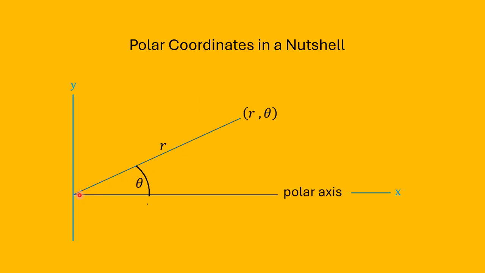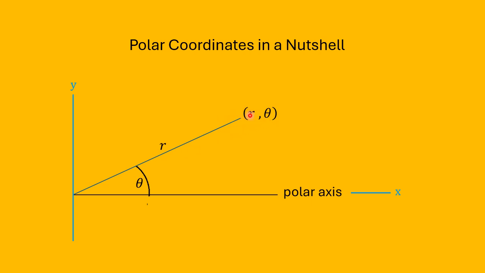Suppose we draw a straight line to start with, and we'll call that the polar axis. Then we can create an angle theta and draw another line here which makes that angle theta with the polar axis. We have a point out here, and we want to define the polar coordinates r, theta.